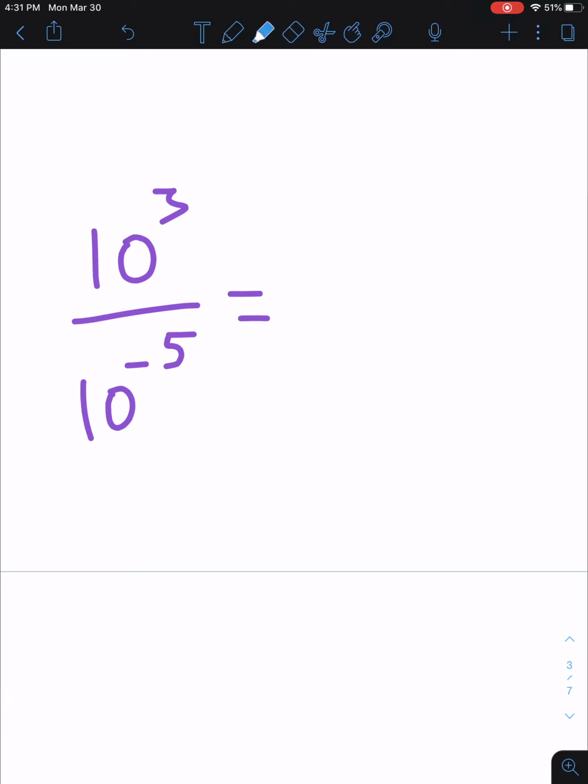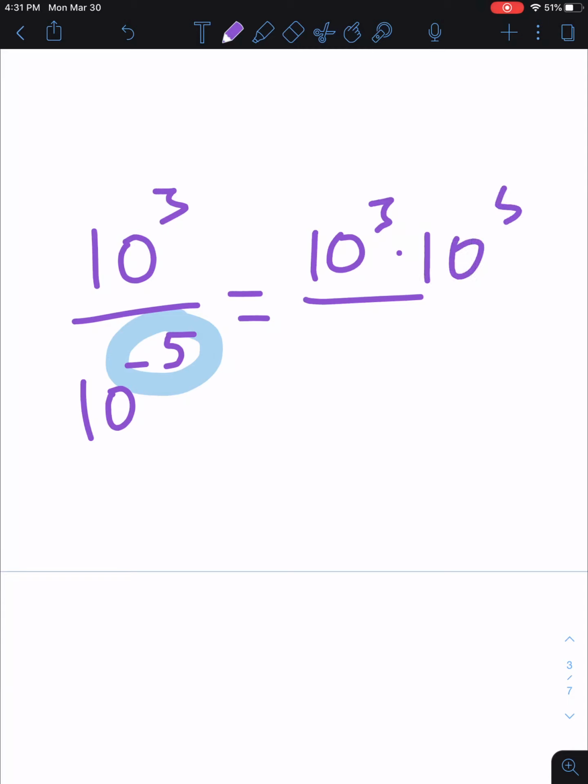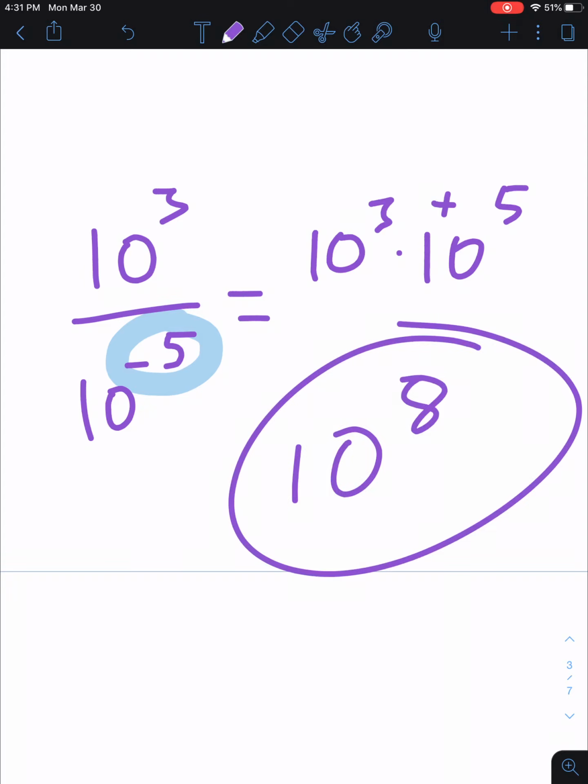Now, this 5 has a negative attitude, so we've got to move him or her upstairs. We'll get 10 to the third times 10 to the positive fifth. The 5 became positive because it's now upstairs. Then we can just use the product rule, and 3 plus 5 is equal to 8. So our answer is 10 to the 8th power.